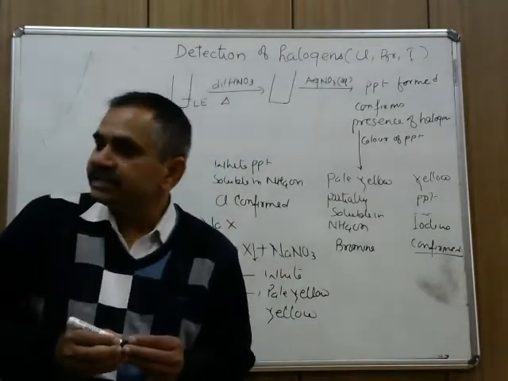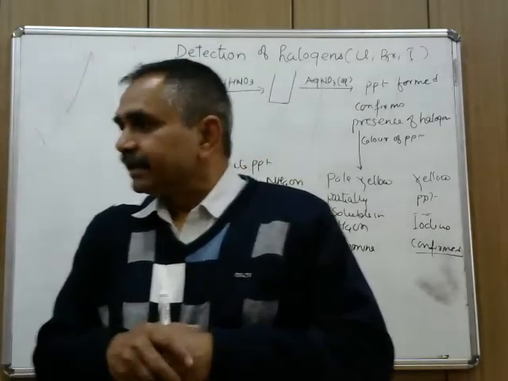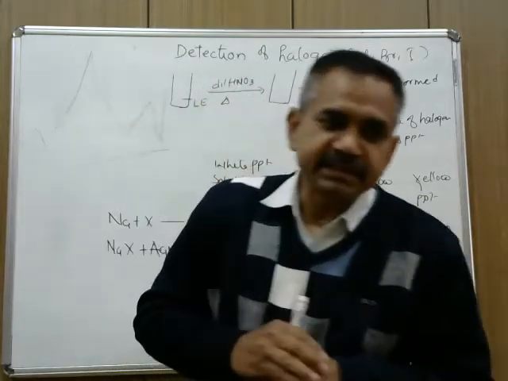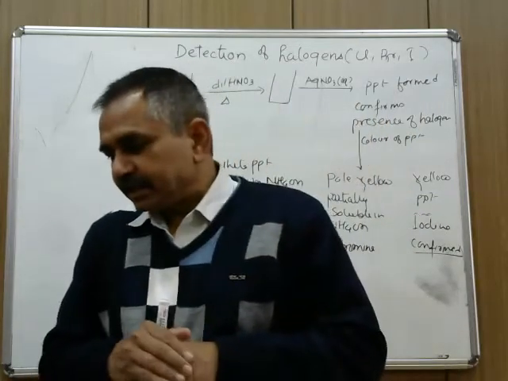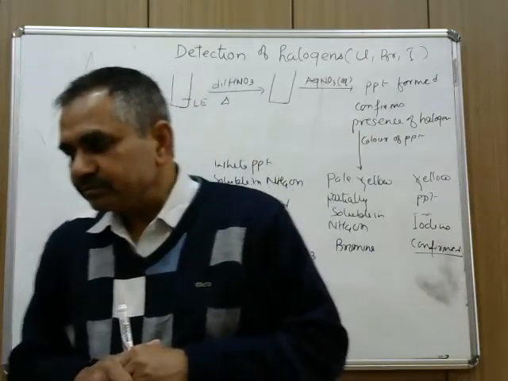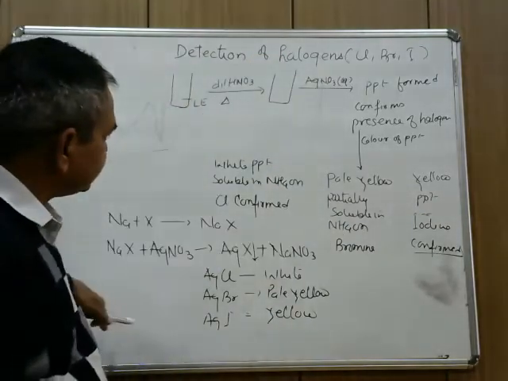So this is the procedure and chemistry involved in the detection of halogens by Lassaigne's test. I am quite sure you have understood it.